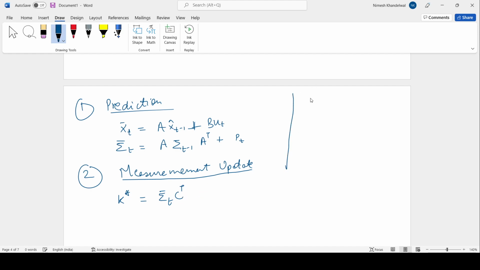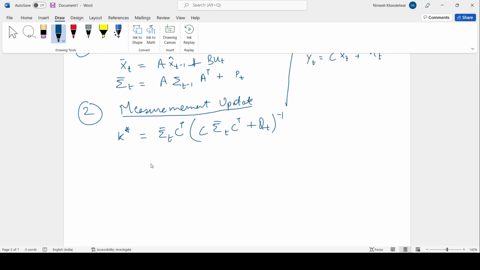This is all assuming that I have a linear transition model with Gaussian noise, and my measurement model is also linear, again with Gaussian noise.